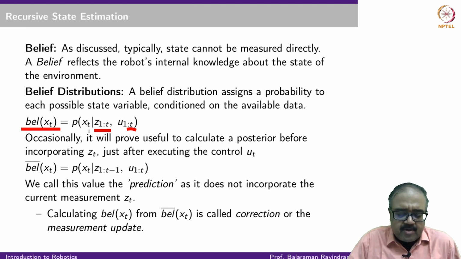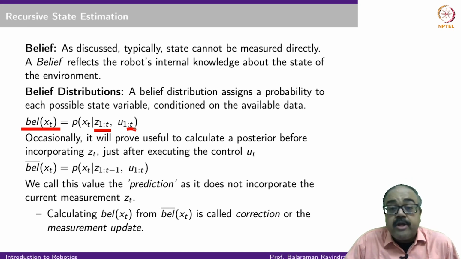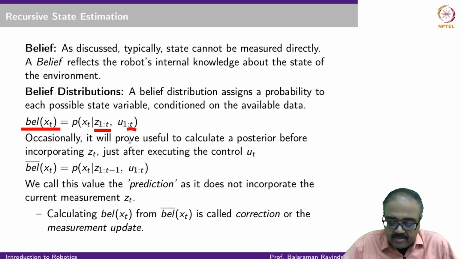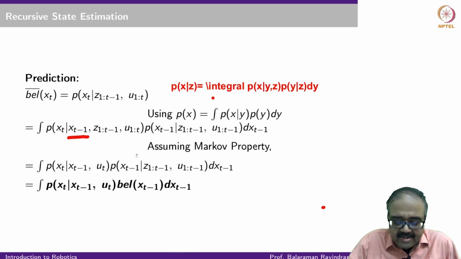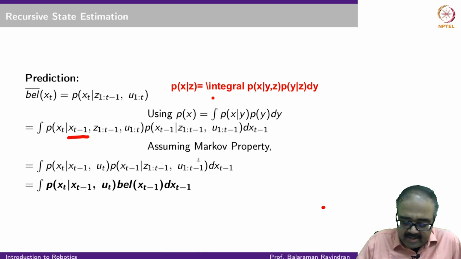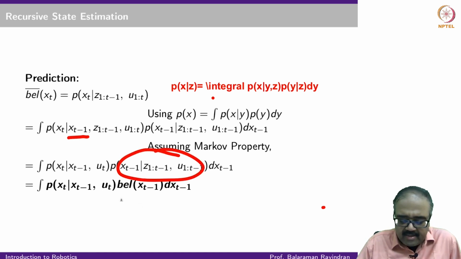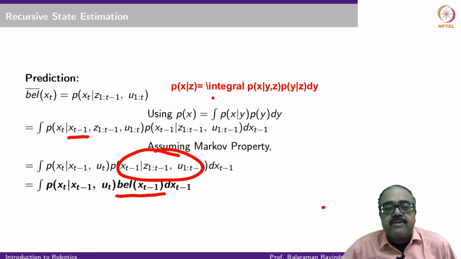Belief xt is probability of xt given z1 to t, u1 to t. Now, belief xt minus 1 would be probability of xt minus 1 given z1 to t minus 1, u1 to t minus 1. So that is essentially our belief expression, and I can replace this with belief xt minus 1.